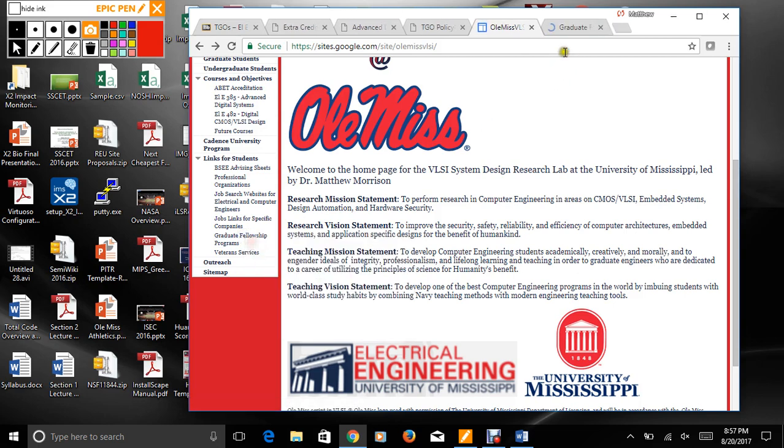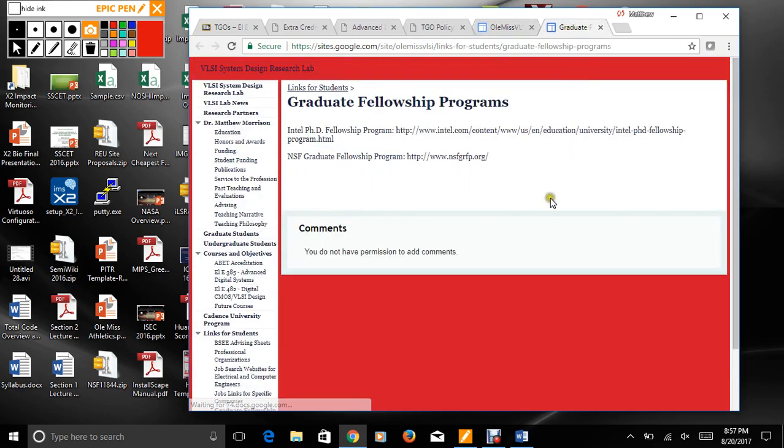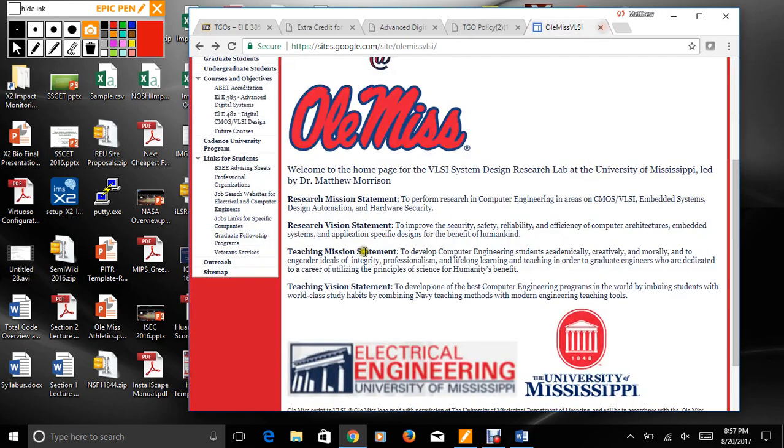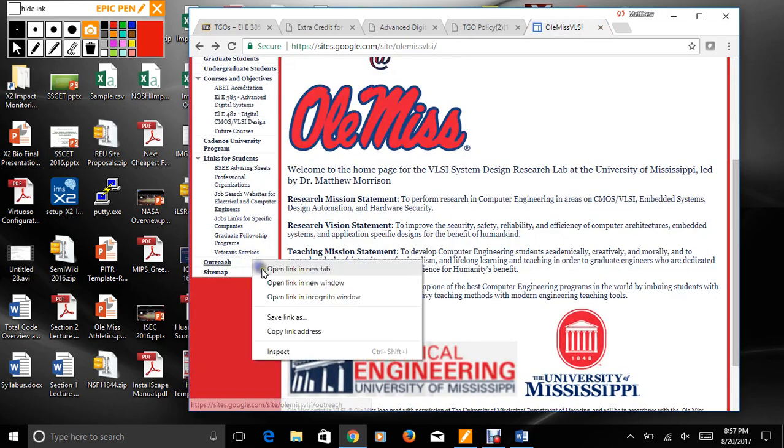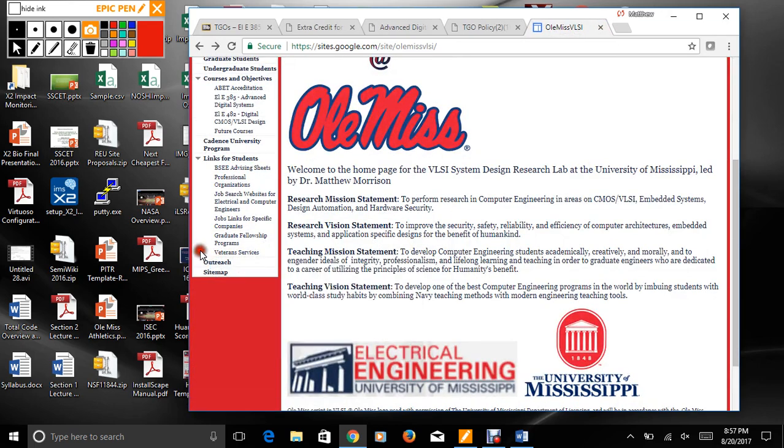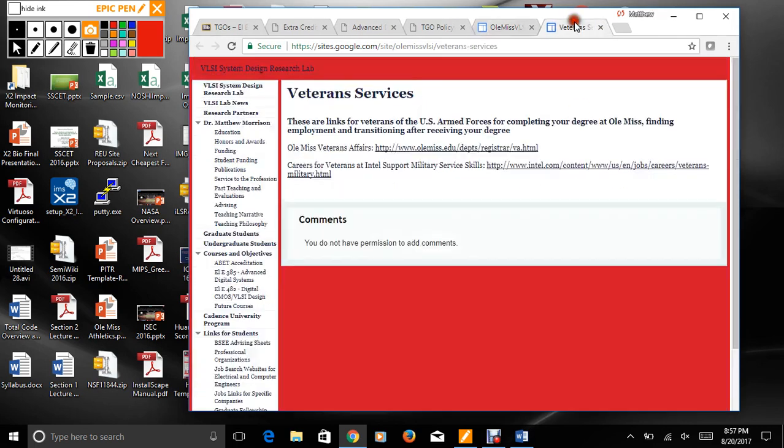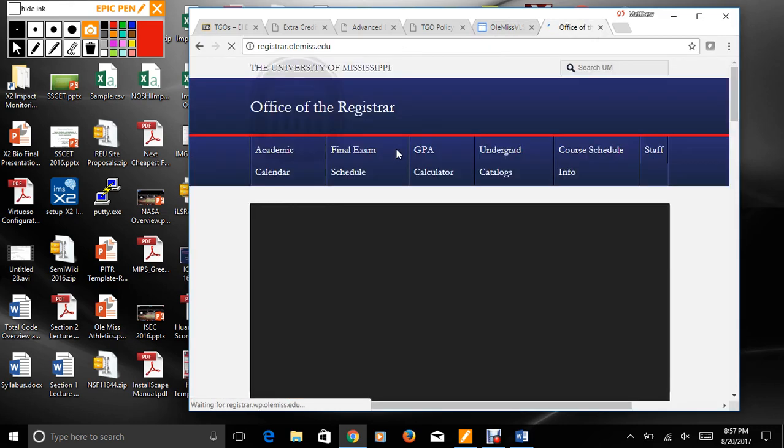Graduate fellowship programs. This is another thing because there's a NASA one that recently came out that I want to update. But if you're eventually interested in graduate school, you can go to these links and look up the graduate fellowship program. And I believe that there are a couple veterans who have served our armed forces in class this semester. And you may go here for the Ole Miss Veterans Fairs, which you're probably familiar with.